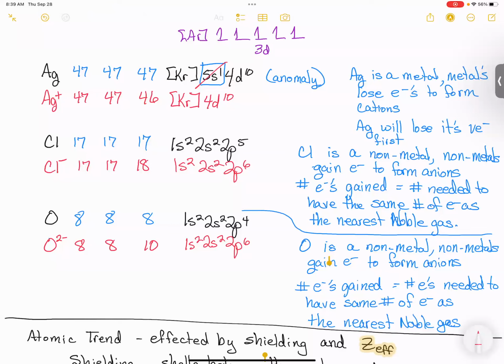Where we move next is to understand how this electronic structure and the number of protons in the nucleus directly impact some of the atomic trends, such as the size of the atom, such as the size of the ion, such as the ionization energy.